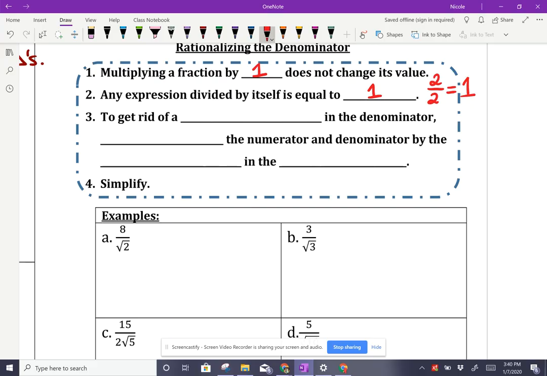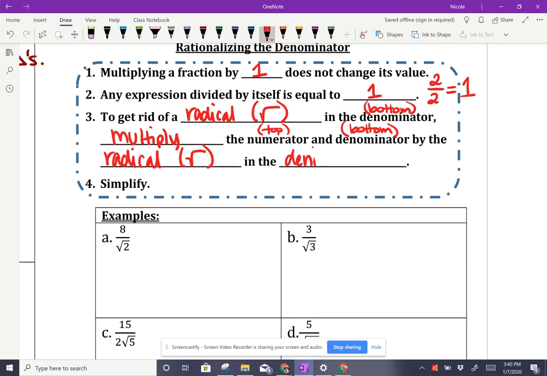So in order to get rid of a radical, the square root symbol, in the denominator, we are going to multiply the numerator, which is the top, and the denominator by the radical or square root in the denominator, which is the bottom.